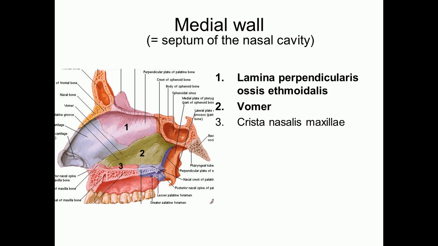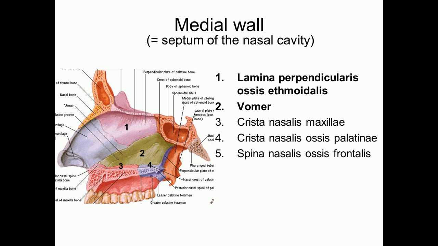They are number 3, crista nasalis maxillae, and number 4, crista nasalis ossis palatini. They are small structures, but nevertheless they help to form the septum of the nasal cavity.